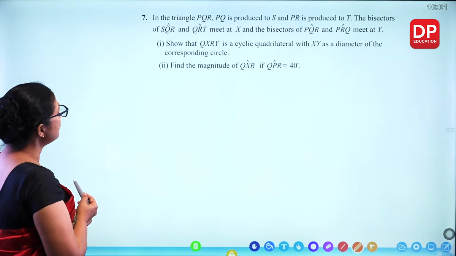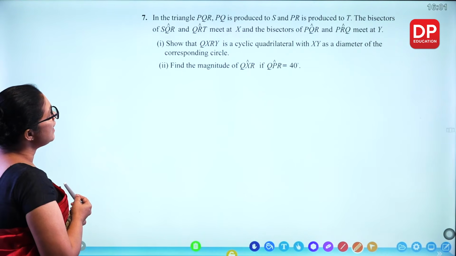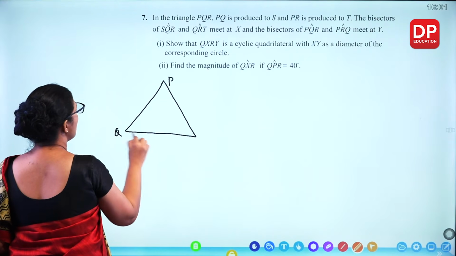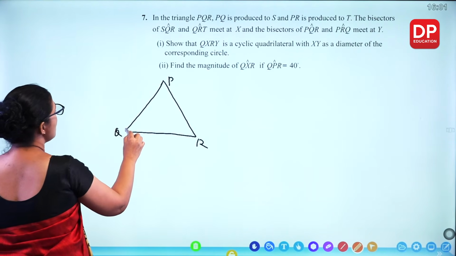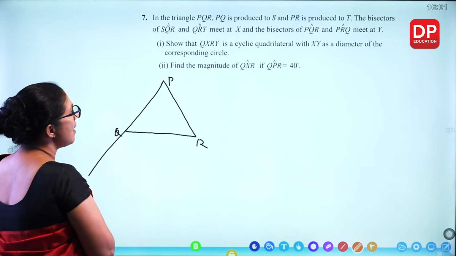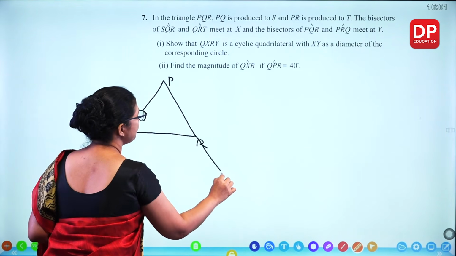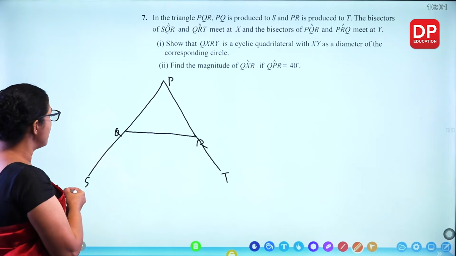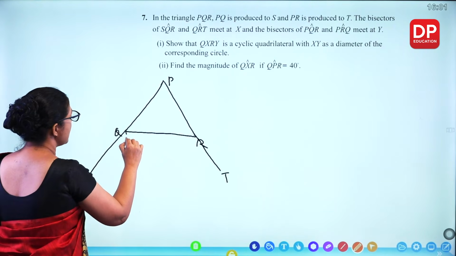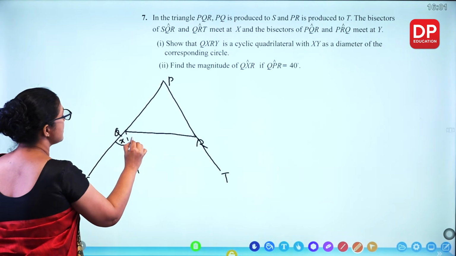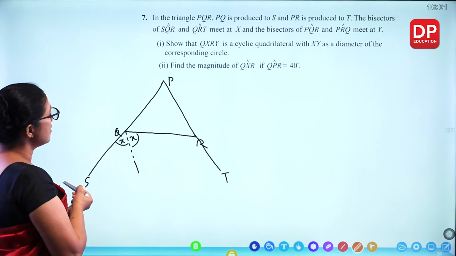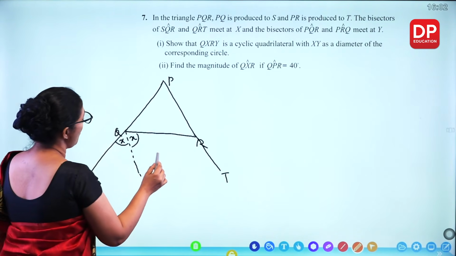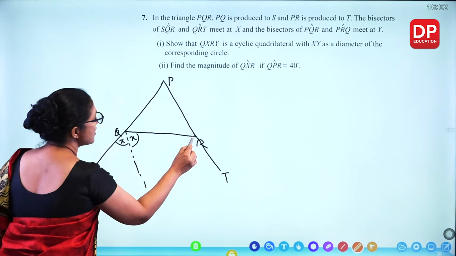Question number 7. In the triangle PQR, PQ is produced to S and PR is produced to T. The bisectors of SQR, meaning this is X and this is X, same angles, the bisector of this and PQR, and QRT here.